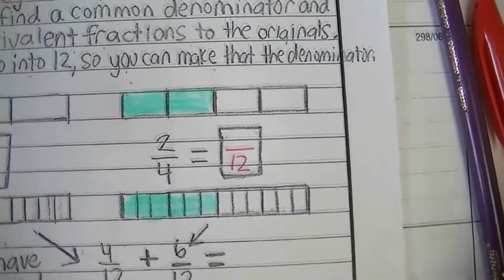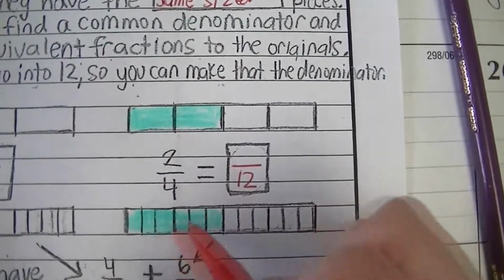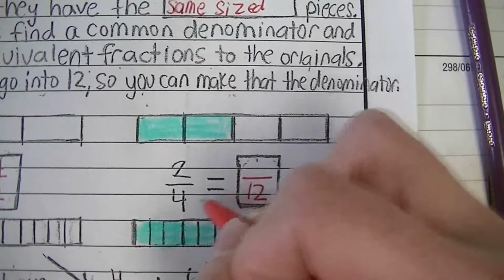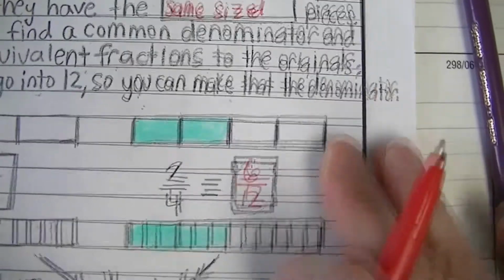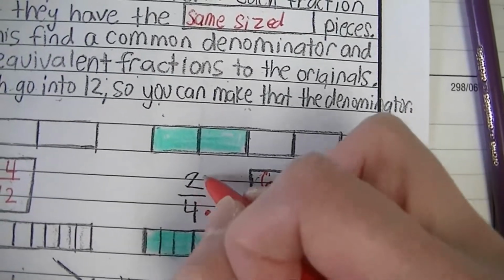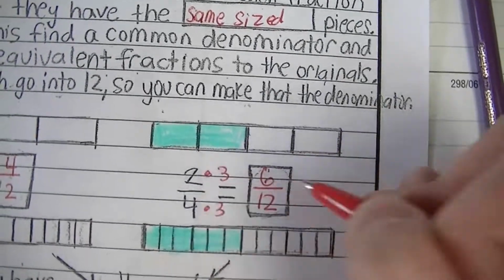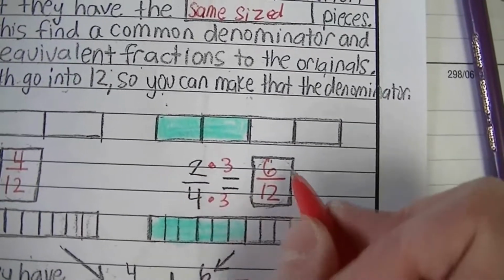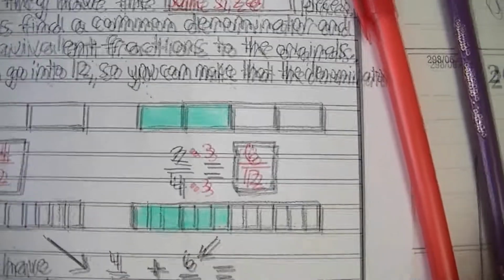You'll notice that this would be 6/12. If you're curious how we got that, we would go 4 multiplied by 3 to get the 12, and we would need to go 2 multiplied by 3 to get the 6. So 2/4 is equivalent to 6/12.